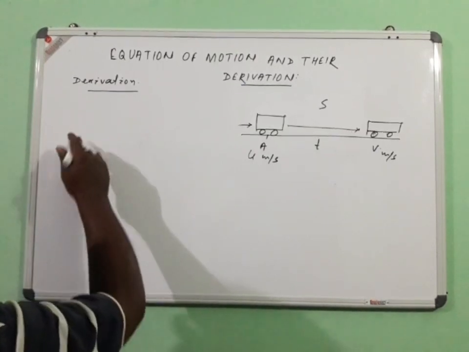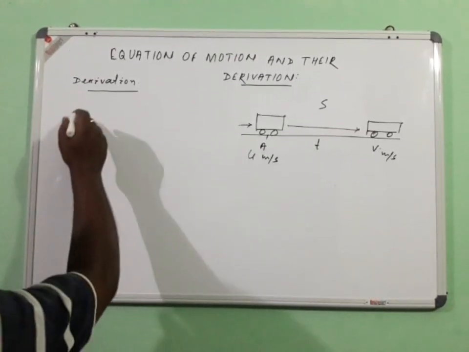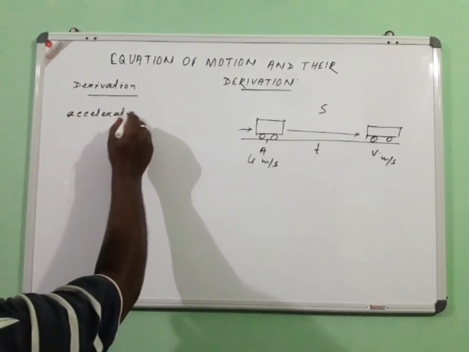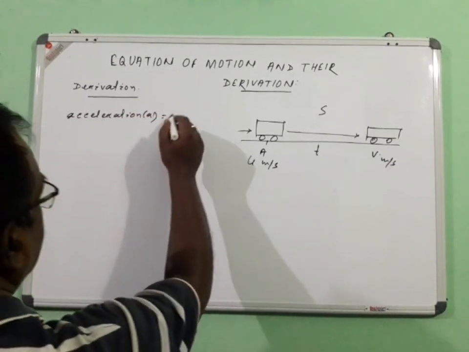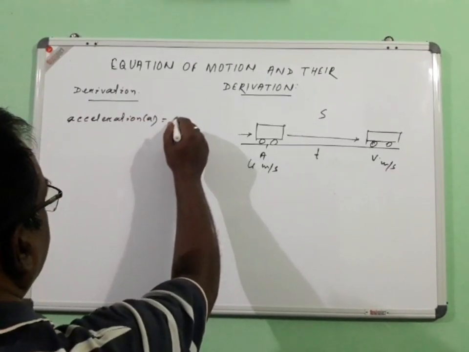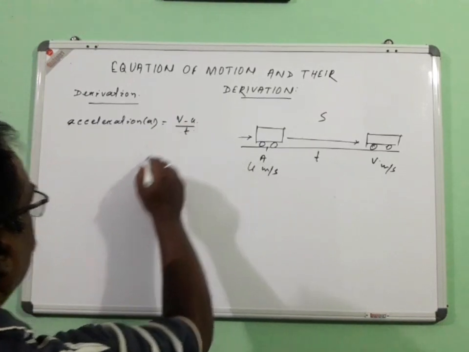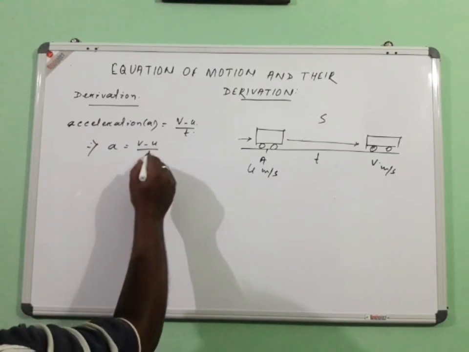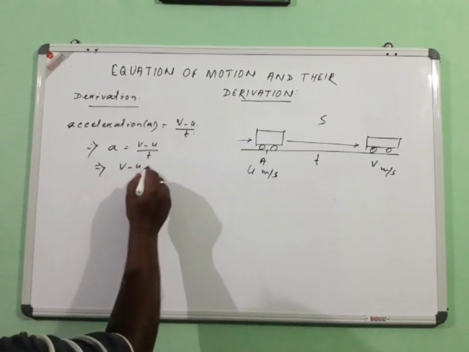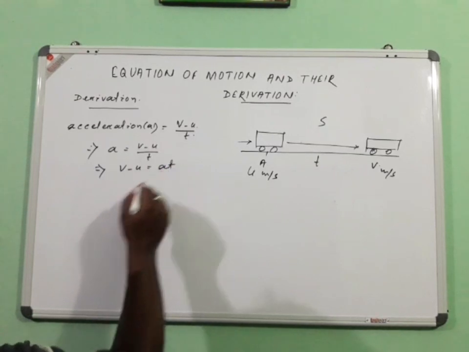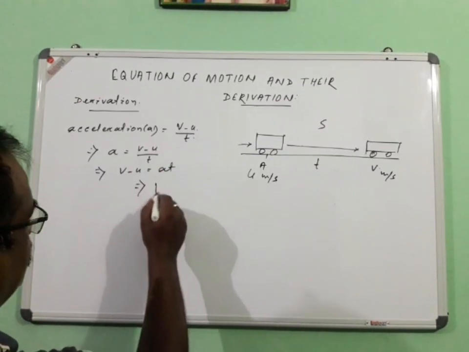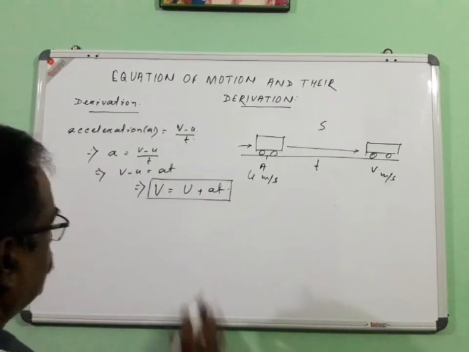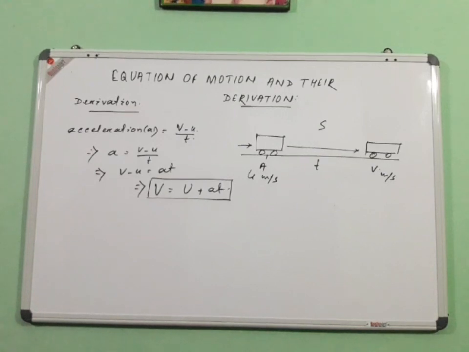By definition, acceleration a is the rate of change of velocity with respect to time, so a = (v − u)/t. By cross multiplication, v − u = at, so v = u + at. This is the first equation of motion.